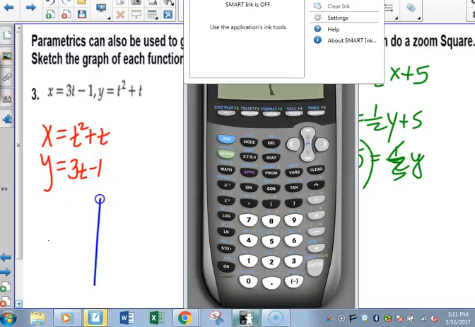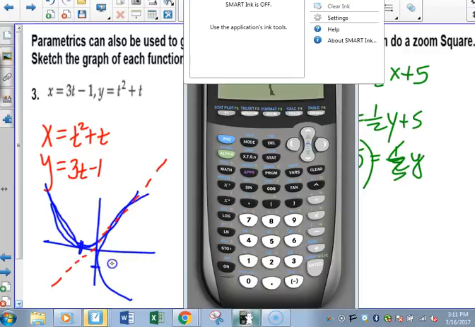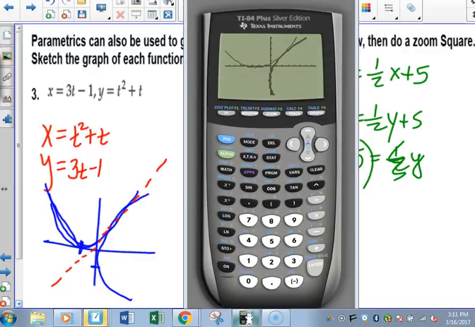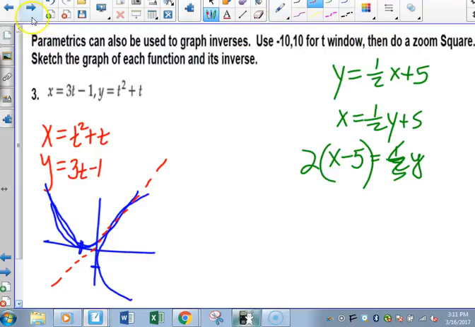Okay, so we got a parabola that was over here and had a vertex around there, and the same parabola was going this way, and yikes, that's horrible. And they're supposed to be reflected across the line y equals x. Yeah, that's a line. Okay, that was the worst picture ever. You're right. I'm having a bad picture day, period.